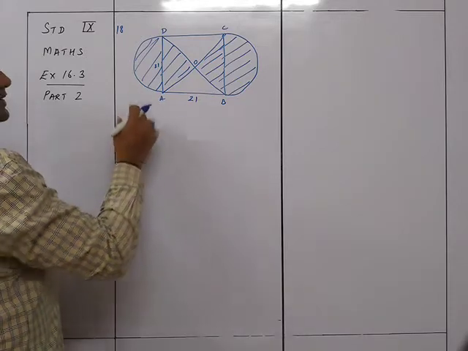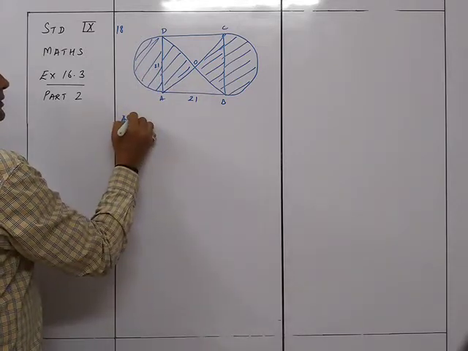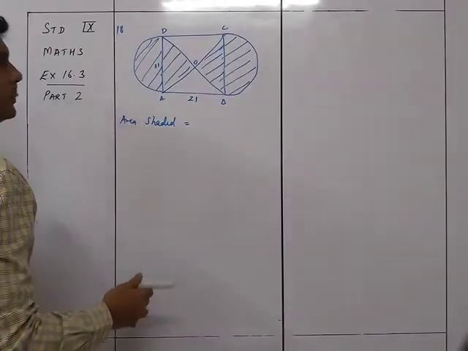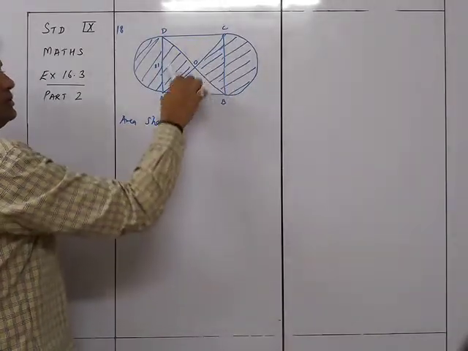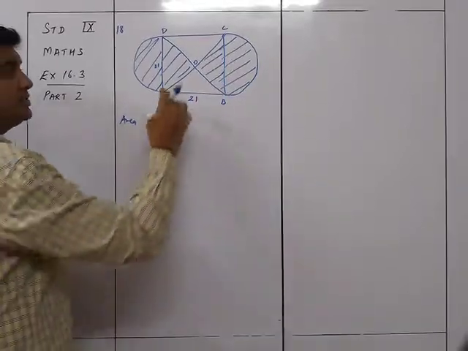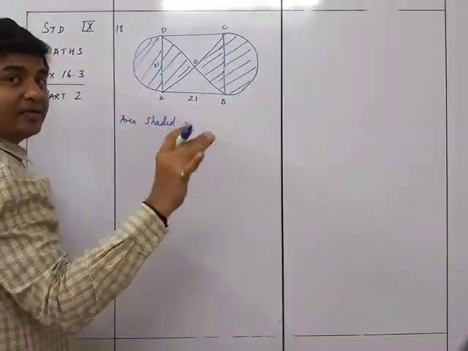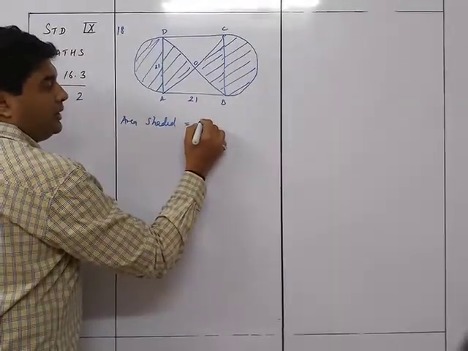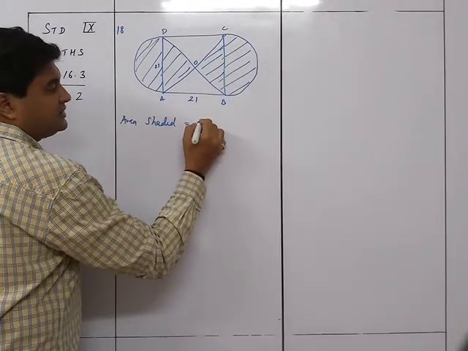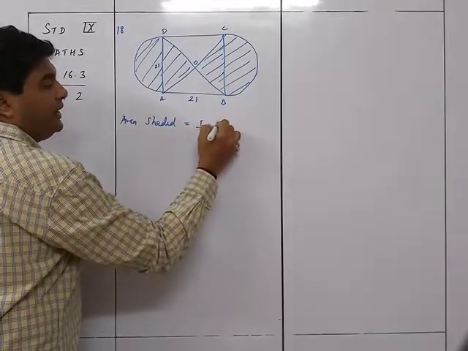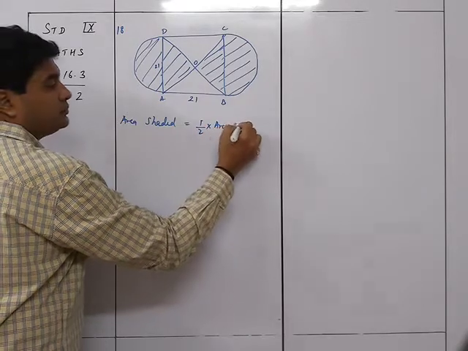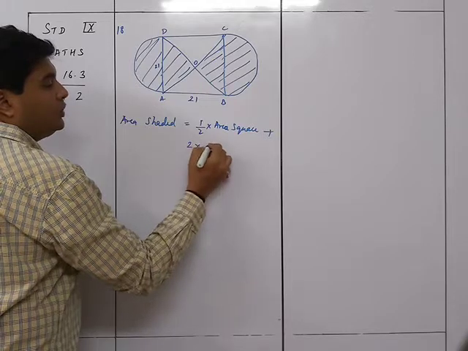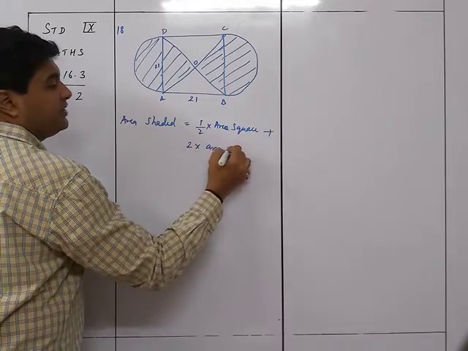So first of all, we see that area shaded is going to be equal to, now the diagonals divide the whole square into 4 parts, and out of that we need 2 parts. So it is equal to half of the area of the square plus 2 into area of semicircle.